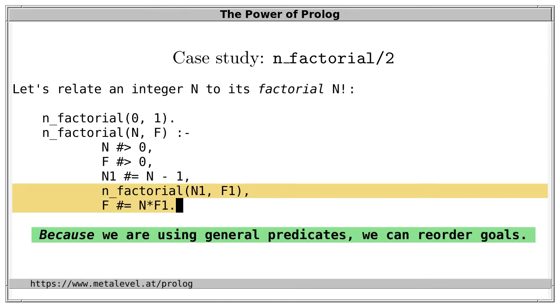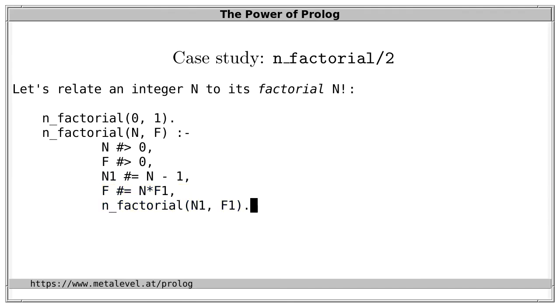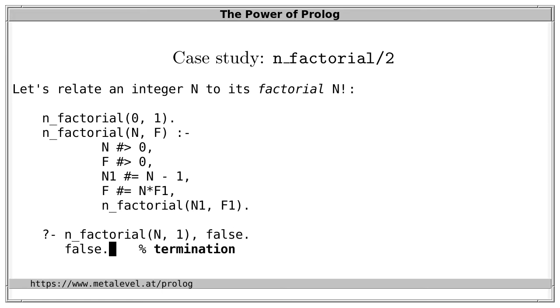For instance, we can simply exchange the last two goals, so that the CLP(Z) constraint, which we know terminates, is placed before the recursive goal. And with this definition, when we post our query from before and only consider its termination properties, then we see it now terminates. So with these simple changes, we've improved the termination behavior of our program.